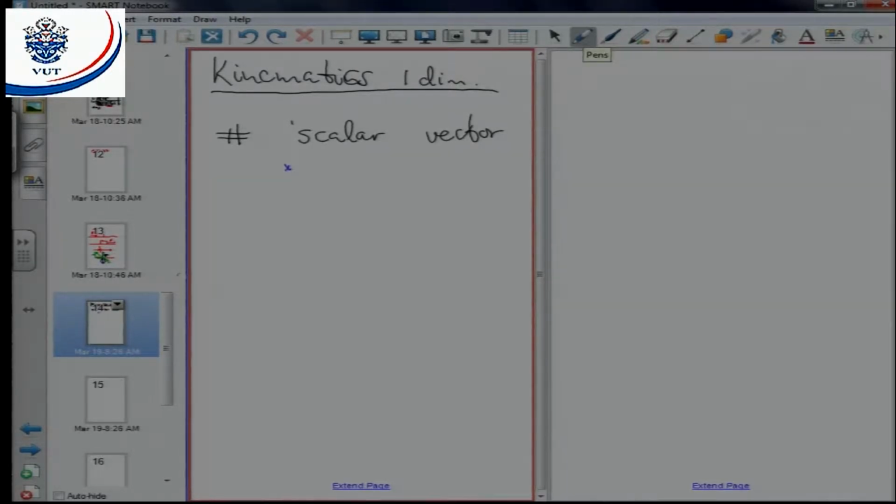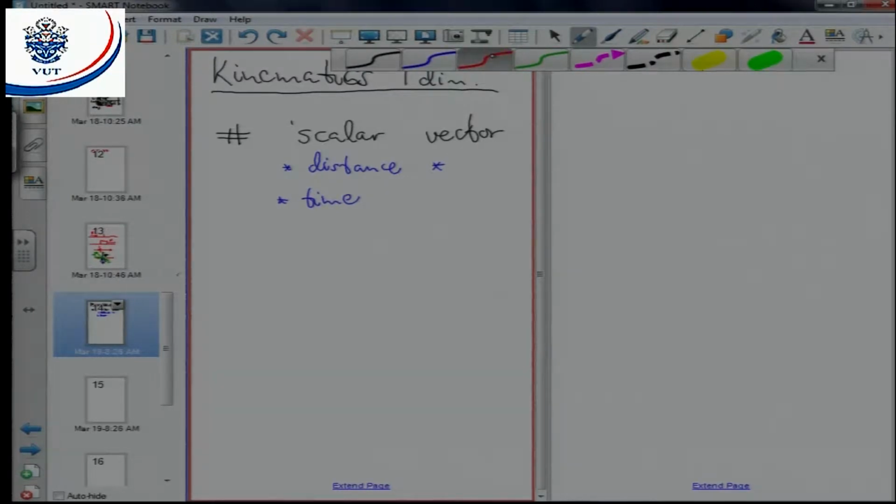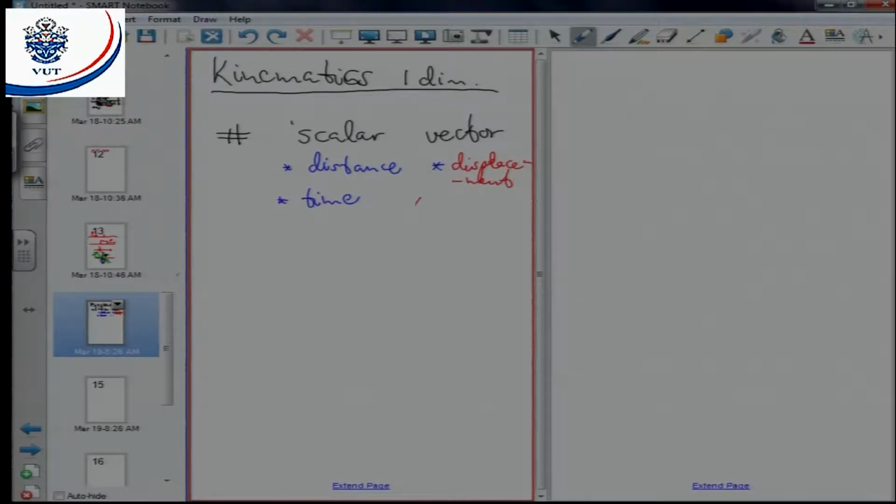So for a scalar we'll study something called distance, or at least introduce it, time, and then the equivalent for a vector. When we have distance, we have displacement for a vector. Okay, and then there's no equivalent for time, but we also have something called acceleration.